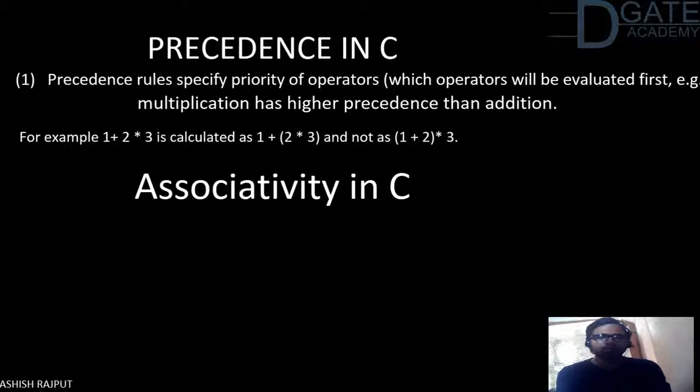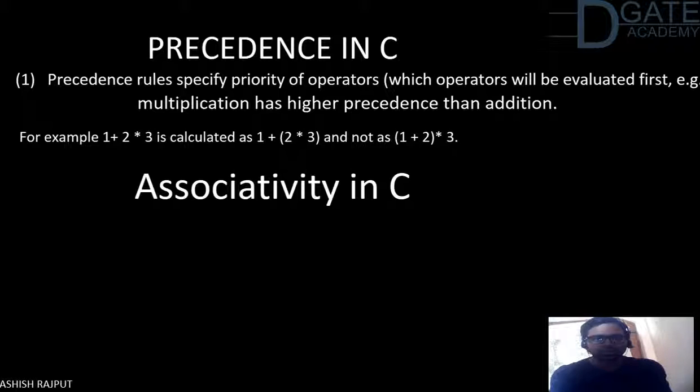We know that star has higher priority than addition. So firstly, the star will be executed by the compiler, and then the result of the star will be added to 1. The expression 1 plus 2 will not be executed first.